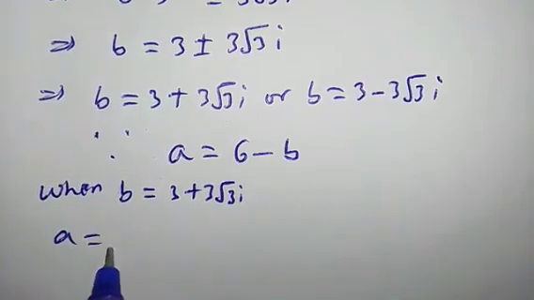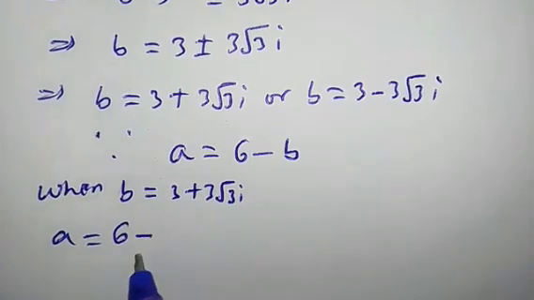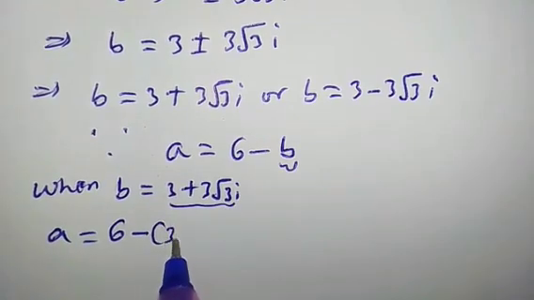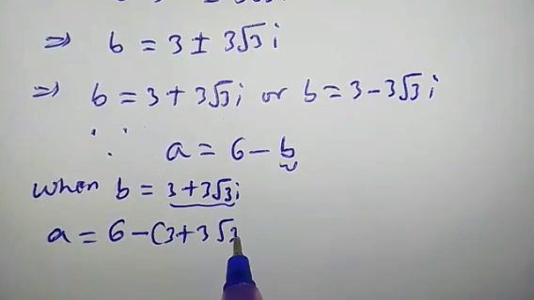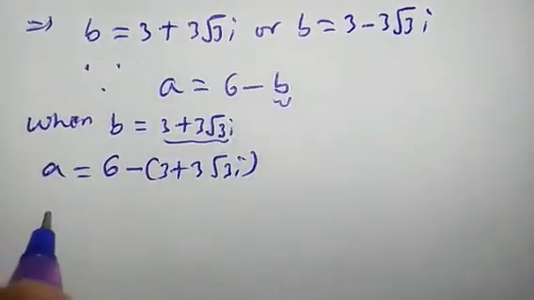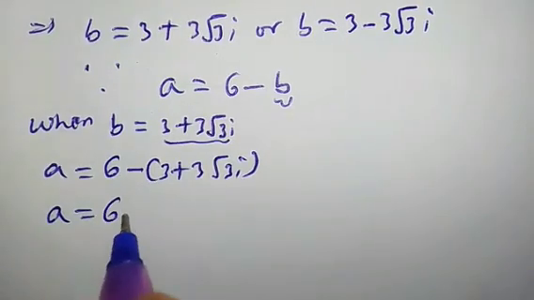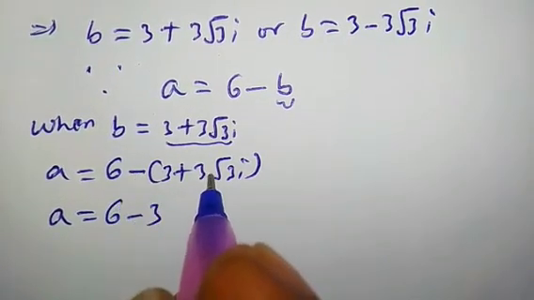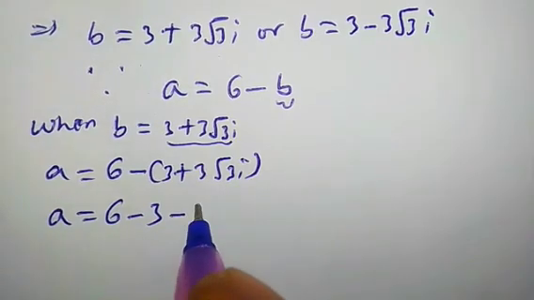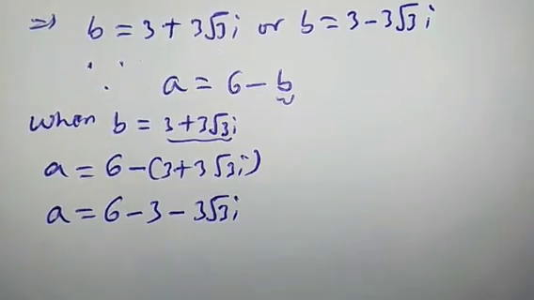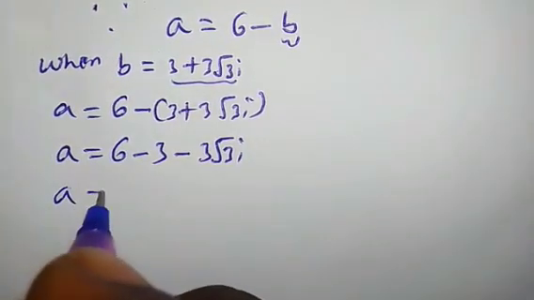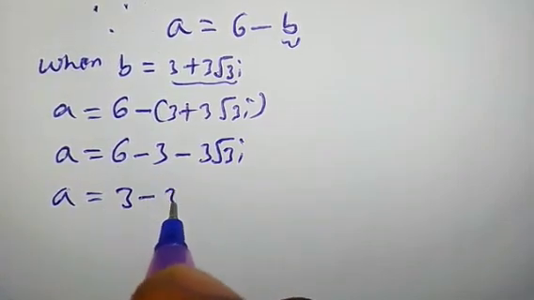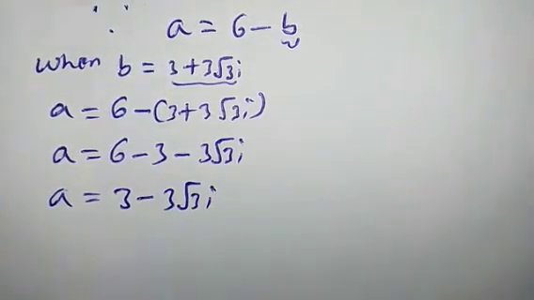We have a equal to 6 minus, in place of b, we write 3 plus 3 root 3 i. This in turn gives a equal to 6 minus times 3, that is minus 3, minus times 3 root 3 i, that is minus 3 root 3 i. So a equal to 6 minus 3, that is 3, minus 3 root 3 i.